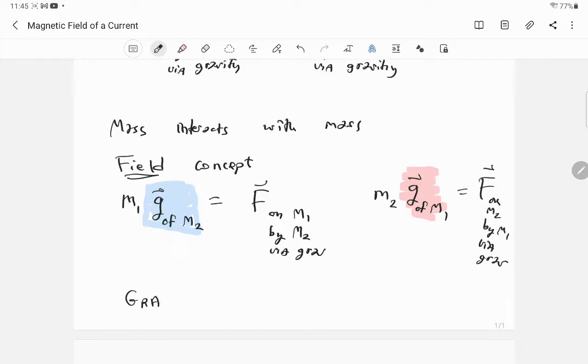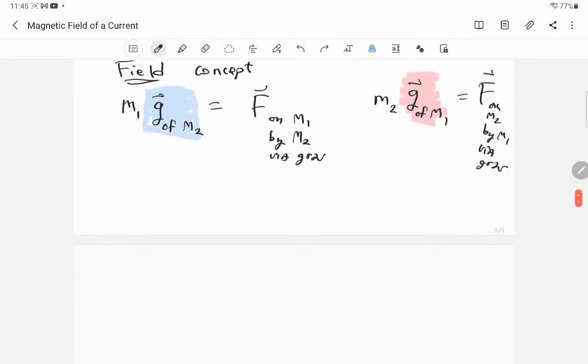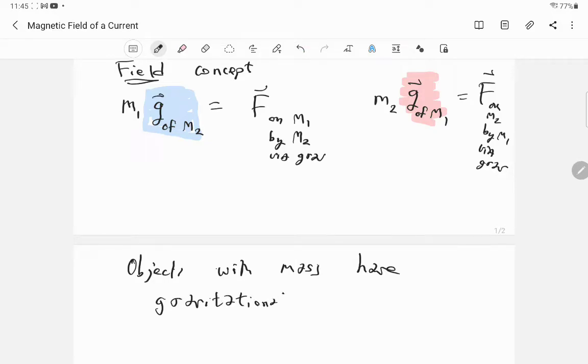Gravity is an interaction based on mass. Let me say it this way: objects with mass have a gravitational field. That's one thing. All you've got to do is have mass.